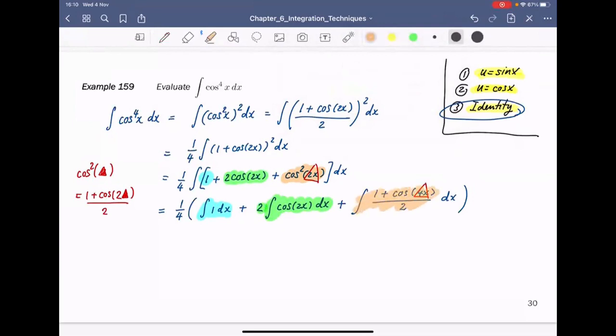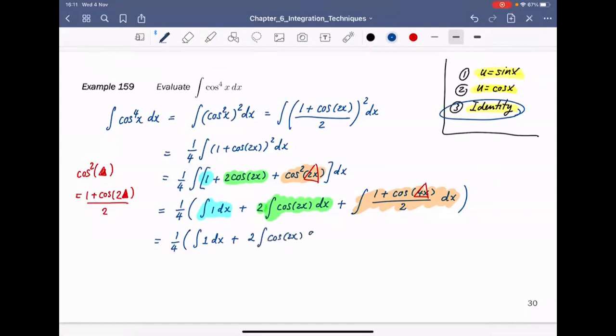I'm trying to be slow because this is usually your mistake when we ask you to integrate trigonometric functions. Your mistake starts from here, and that's why you will not get full credit: you did it too fast and skipped some minor detail. Here you're going to have a quarter. I'm going to simplify a little bit first before integrating. I'm going to do 2 times the integral of cosine 2x.